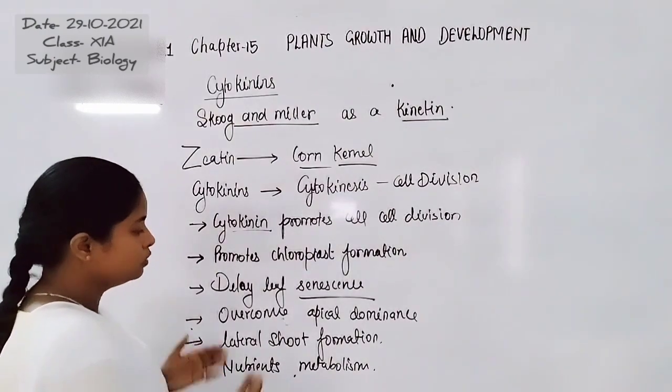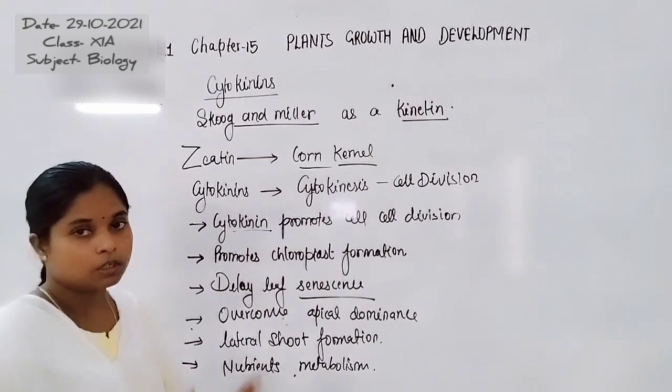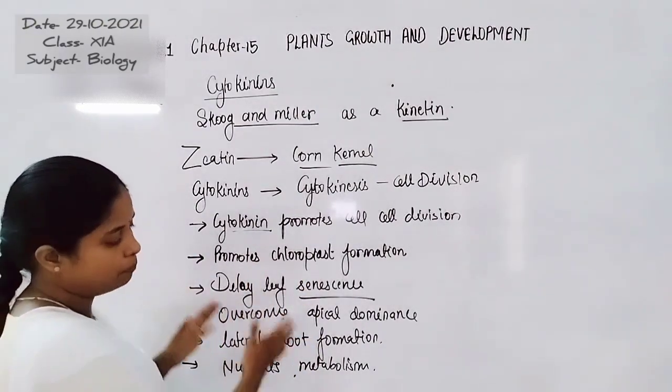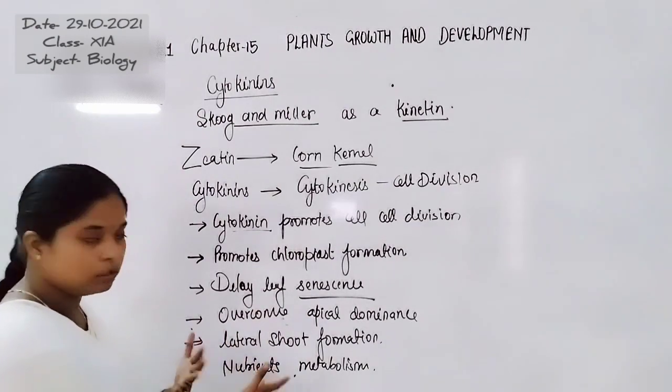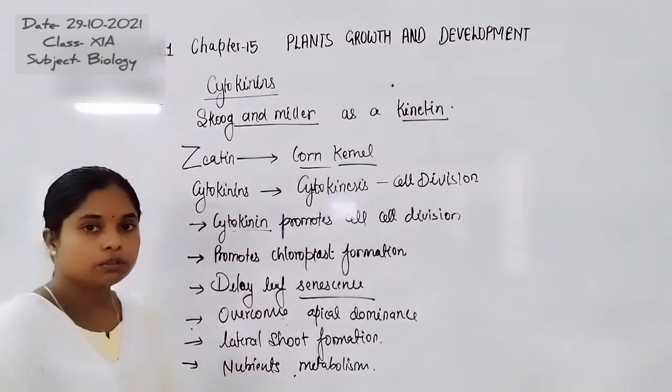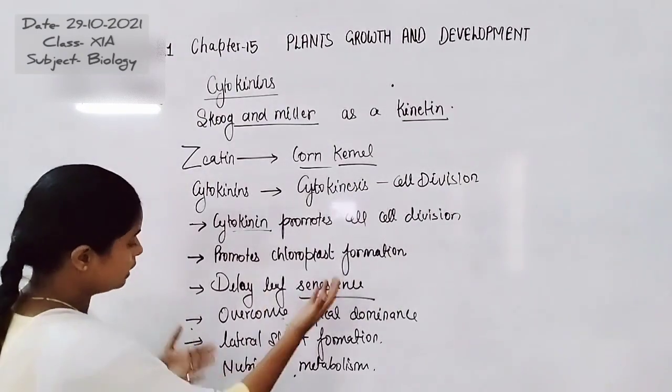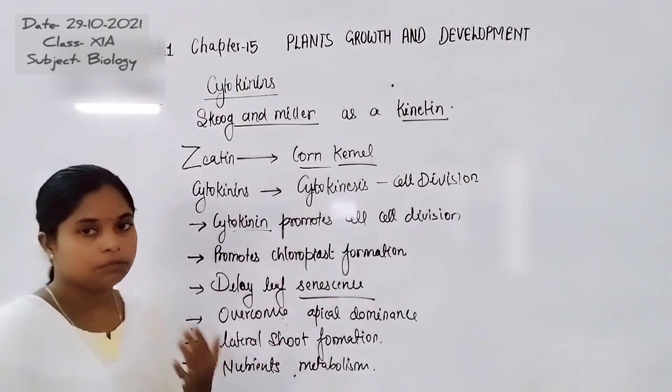That's why they promote lateral shoot formation. So overall they promote the growth and development of the plant, which needs nutrients. So the function of cytokinin is also nutrient metabolism.